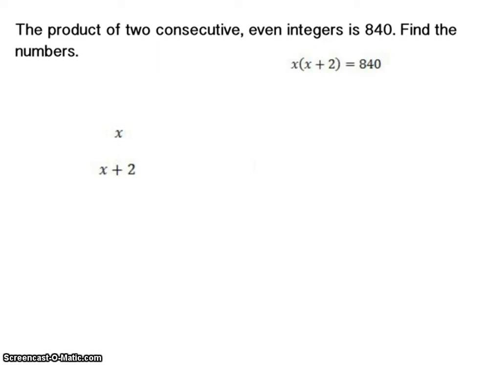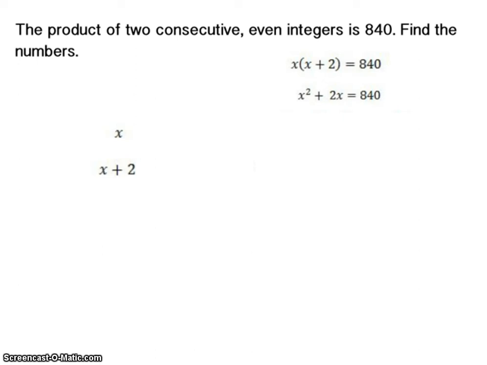Now we're going to write our equation. The problem told us that the product of those 2 even integers is 840. That means we multiply them together. So we have x times x plus 2 is equal to 840. When we multiply that out, we get x squared plus 2x is equal to 840.